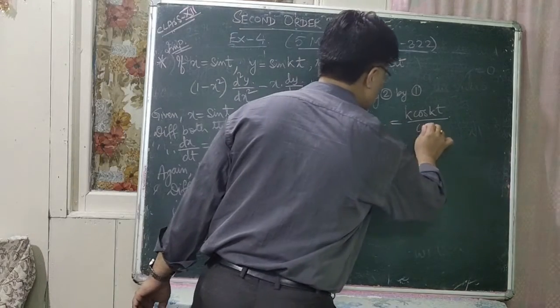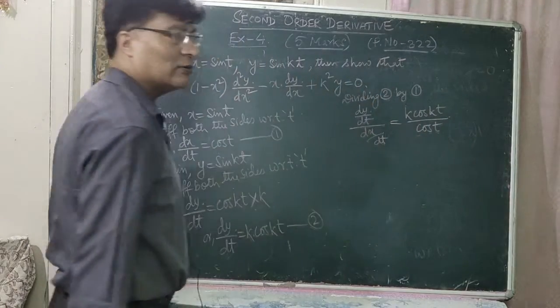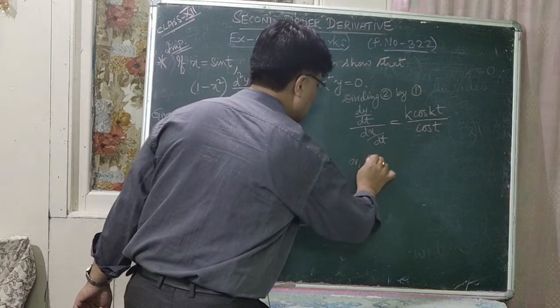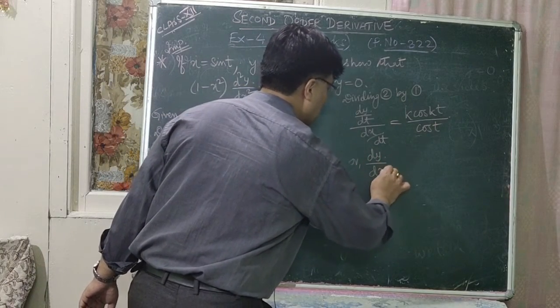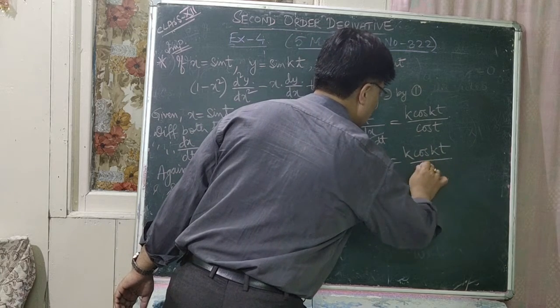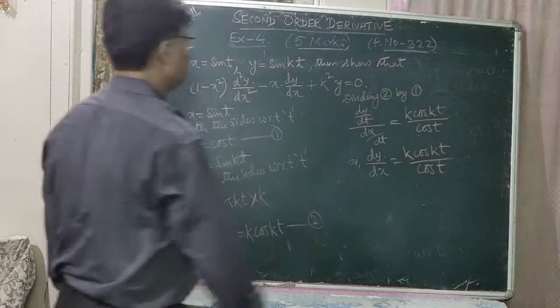It is cos t. Is that clear now? So from the left hand side you can cancel this dt and you will get dy by dx, which is equal to k cos kt divided by cos t.